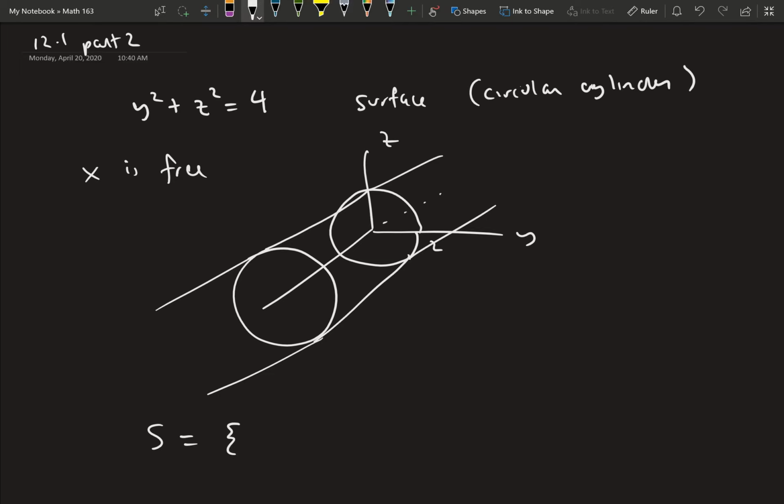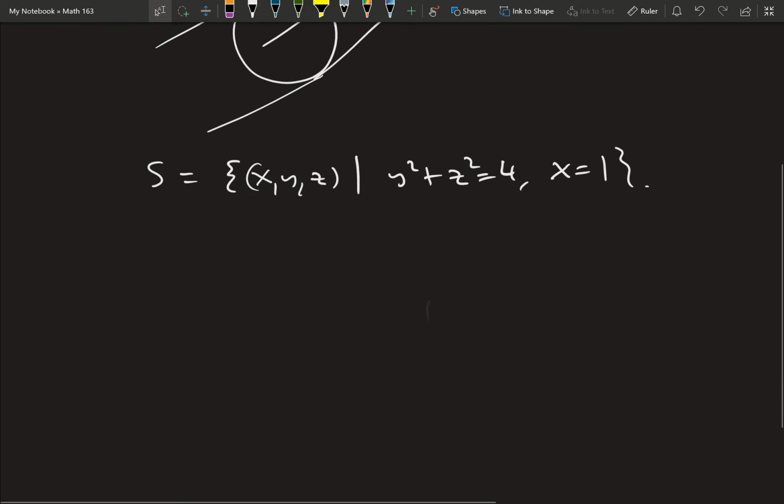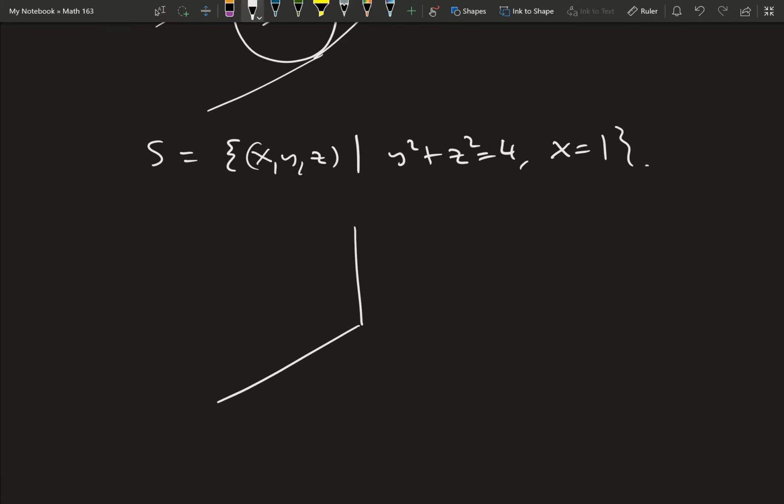The set S, which I described, which was all x, y, z, where y squared plus z squared is equal to 4 and x is equal to 1, just slices this particular graph at the plane x equals 1. So we have our x, y, z coordinate system, and we have the plane x equals 1 that intersects this cylinder exactly at the corresponding circle.